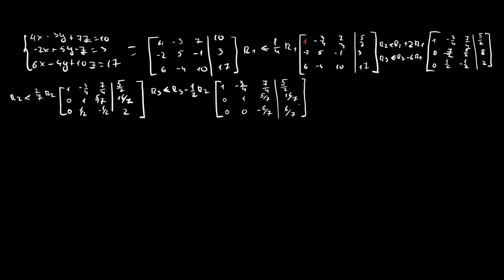Perfect. And the next step would be making this minus 6 over 7 as 1 as well. So we're just gonna multiply it by negative 7 over 6.